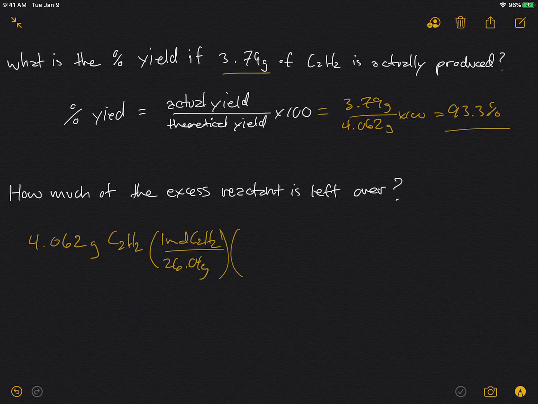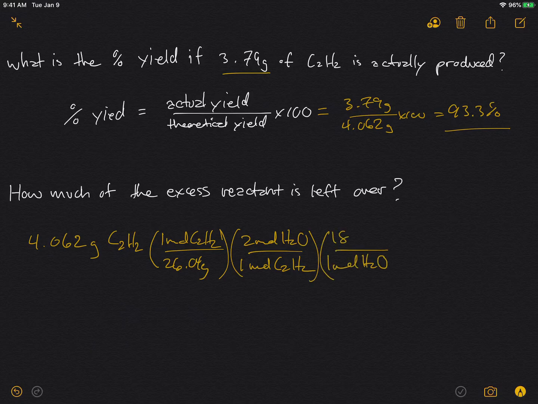So now we have that in moles, and let's convert that to moles of water. So 1 mole of acetylene gives 2 moles of water, and then 1 mole of water has a mass of 18.02 grams. So we do that calculation, and you get 5.622 grams of water.